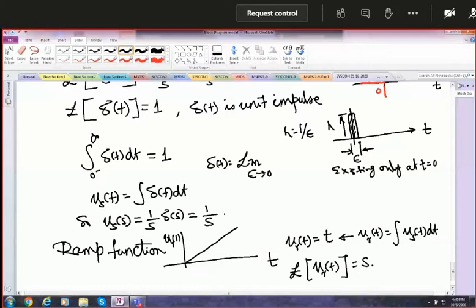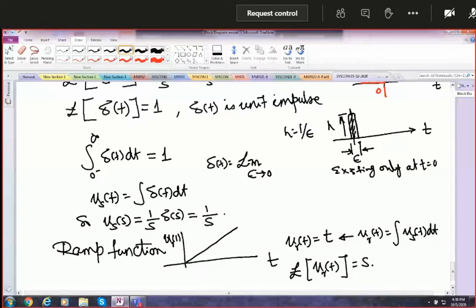So basic functions: unit impulse whose Laplace transform is 1, unit step whose Laplace transform is 1 by s, and ramp whose Laplace transform is 1 by s square. Some constant might be multiplied.